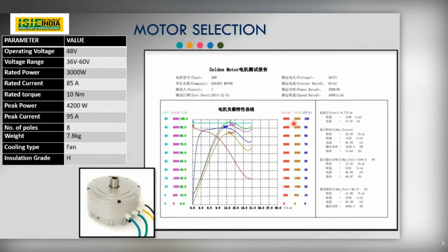While selecting the motor, we have to consider two parameters only, which are directly taken from the transmission system. The first parameter is rated torque and peak torque. These are the mechanical parameters required by the transmission system.